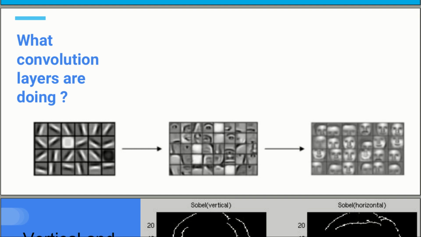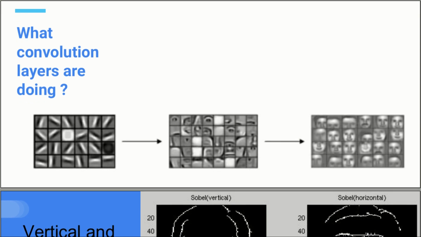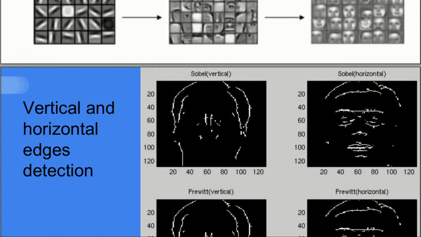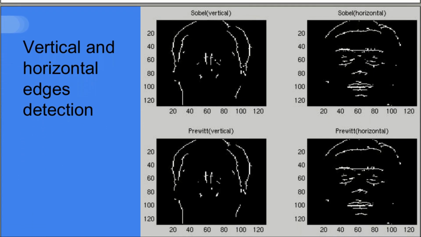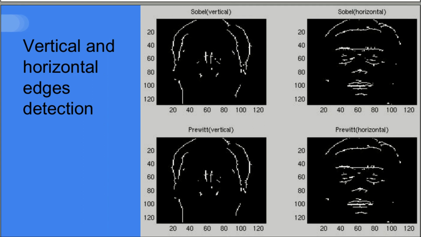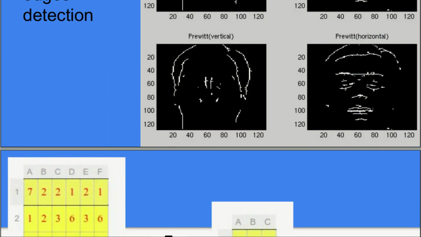As we go deeper and deeper, it becomes harder for us to visualize. Initially we are going to be detecting vertical and horizontal edges. This is the usage of the Sobel filter, and we'll talk about filters in the next slide. This is what the visualization looks like when we are detecting edges.